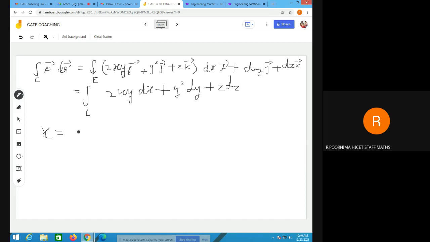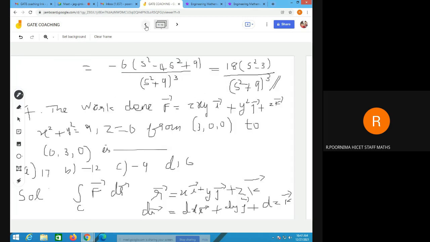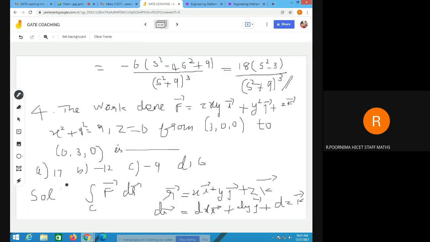The general formula is x equal to a cos theta and y equal to b sin theta. In the question itself they have given z is 0. According to your circular path, a is the radius, so x is equal to r cos theta, y is equal to r sin theta. Here x square plus y square equal to 9 is given, so from 9 the radius we get as 3.